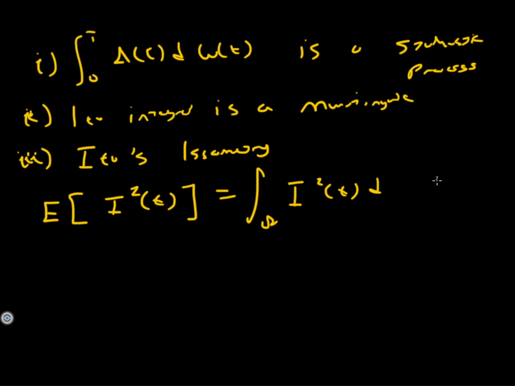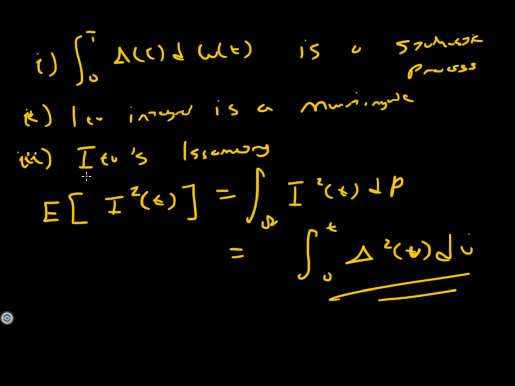And in fact, it's going to be dP. So what this is in fact is just the integral from 0 to t of this. So it's just a Lebesgue integral, which we can solve through simple integration means. A noteworthy thing about Ito's isometry is that I squared t itself is an element of the L2 space.